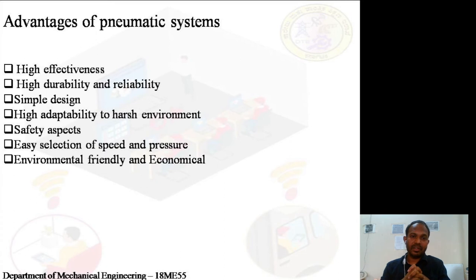Now, it is highly effective. That means, as I have already told you, it is a sophisticated system which affects the work very quickly. The speed can also be controlled, and the work within its limits. Why I am talking about within its limits is, as we have already discussed, the maximum limits will also be there. Within its limits, it works more effectively and it is more durable.